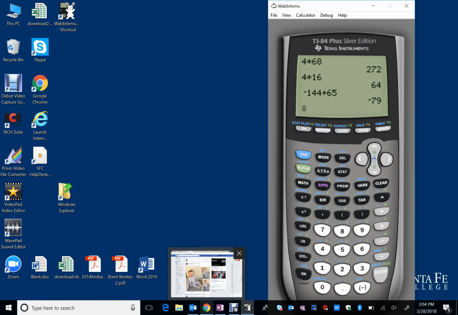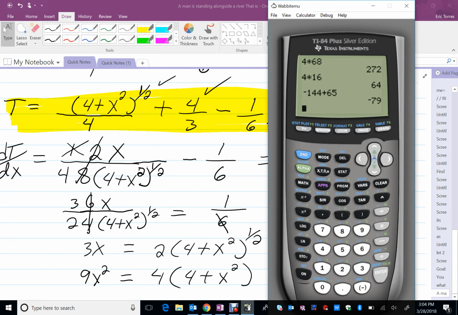Come on, calculator. There we go. So, I'm going to put 4 divided by the square root of 5, and I'm going to store that. Second function, just store as x. Now, my formula is parentheses 4 plus x squared to the 1/2.